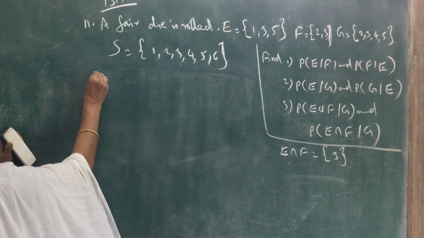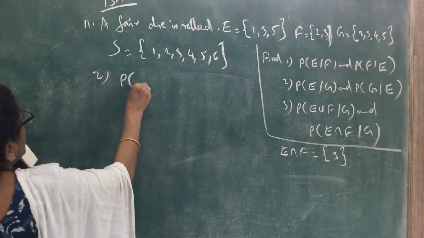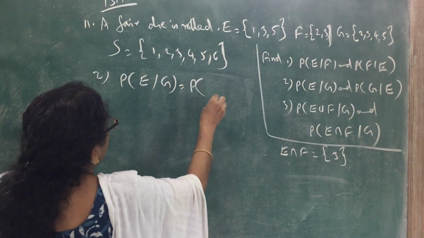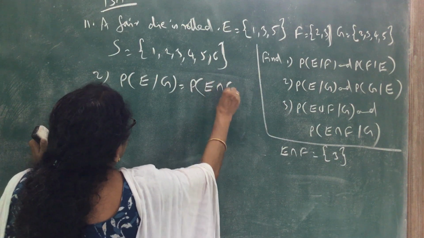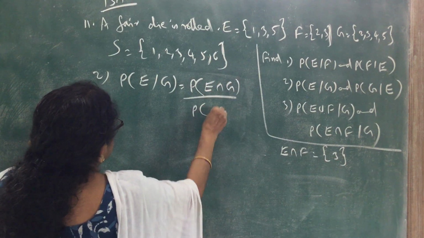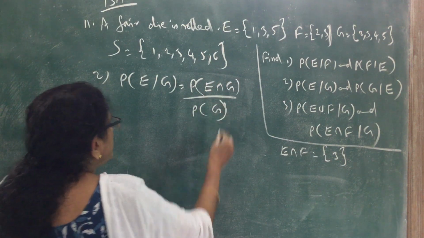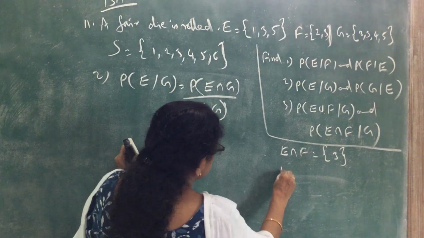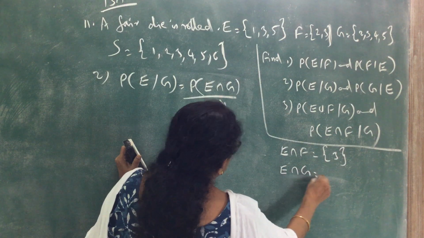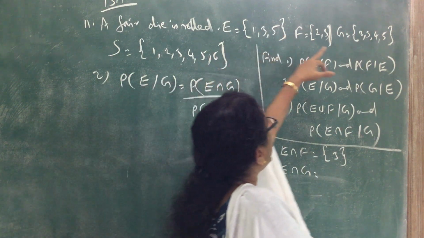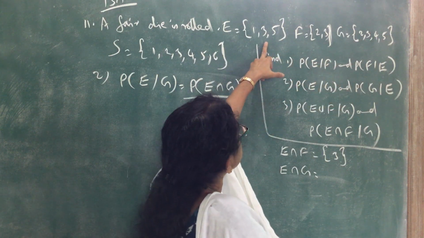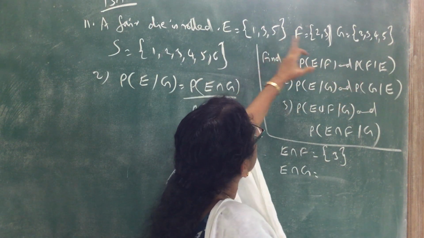Now second, we want to find probability of E given G. That is equal to probability of E intersection G divided by probability of G. So we want to find E intersection G, the common elements of E and G. Here 1, there 1 is not there. 3 is here, 3 is there also. 5 is here, 5 is there also.